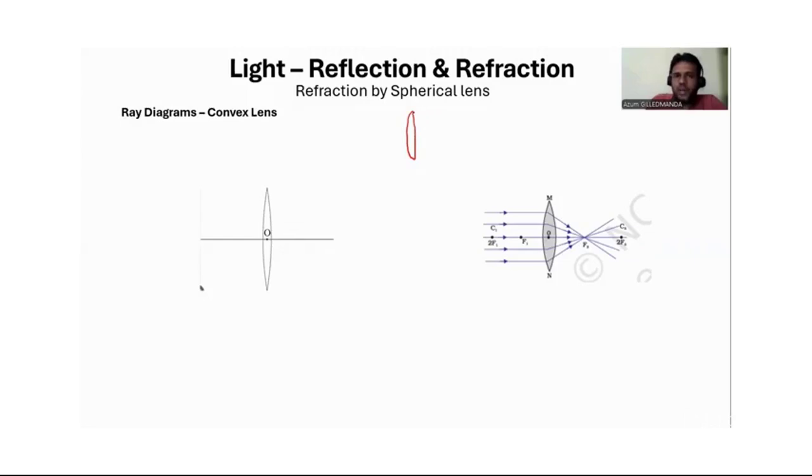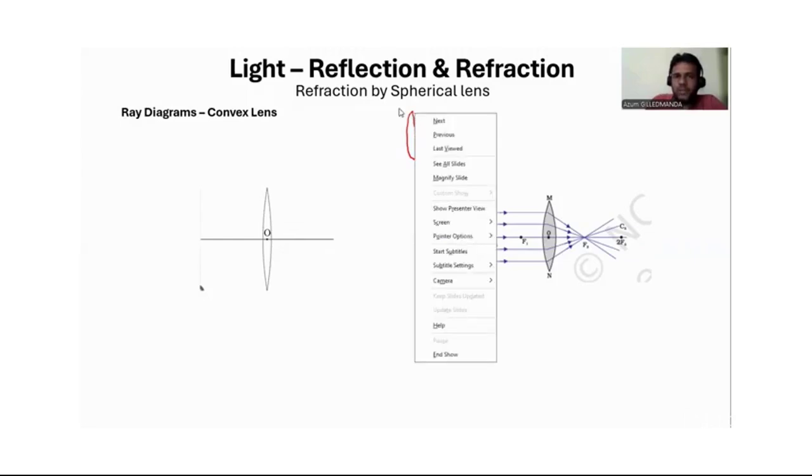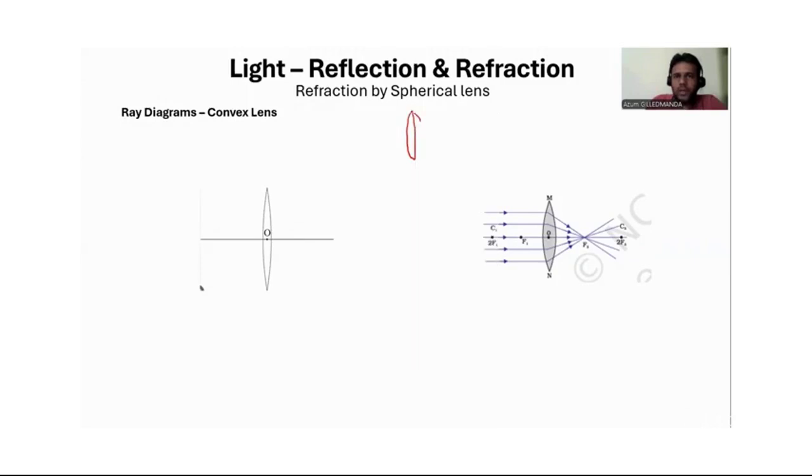If I put two convex lenses together, that's a double convex lens. Okay, we can call it a double convex lens or a convex lens. And similarly, a lens that is flat on one side and concave on the other.